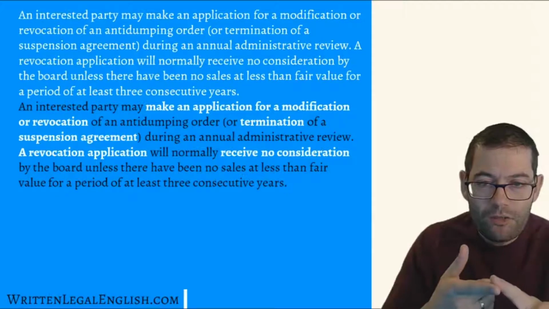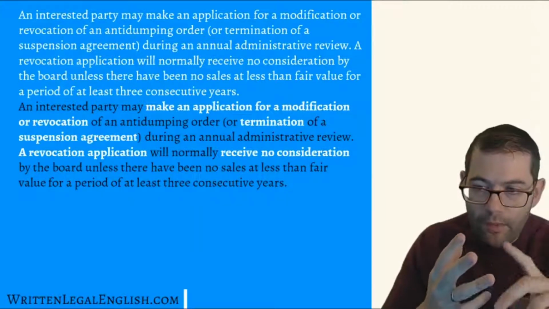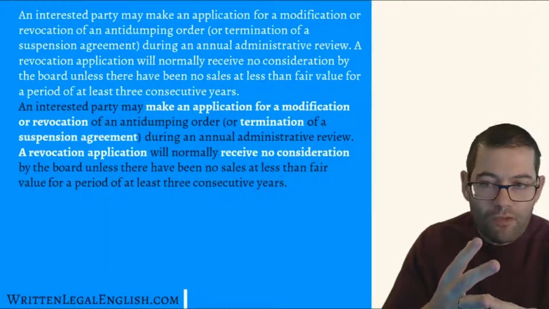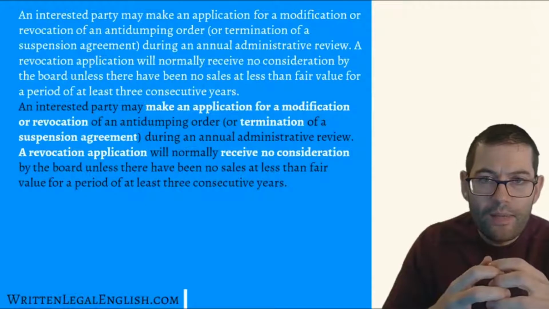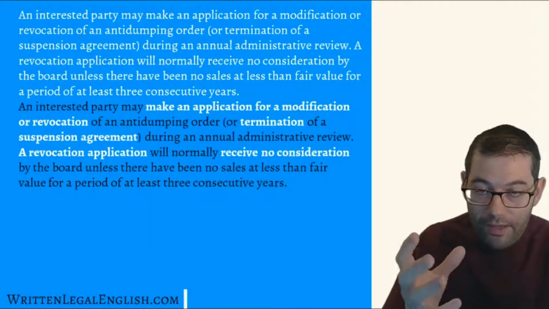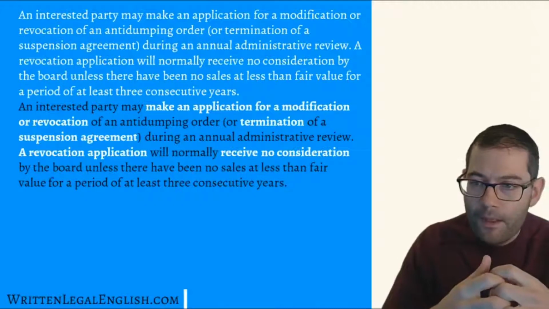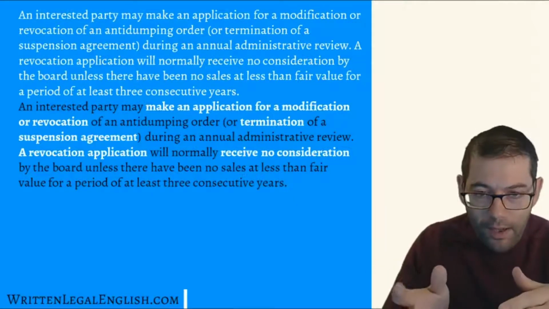Is it application, which should be apply? Is it modification, which might be modify? Or is it revocation, which could be revoke? Which one of those is hiding the main verb? I would argue that the main verb here should be apply. So we could say an interested party may apply.